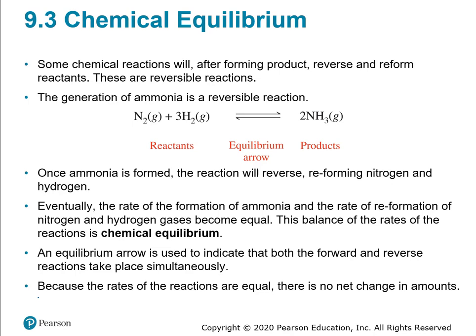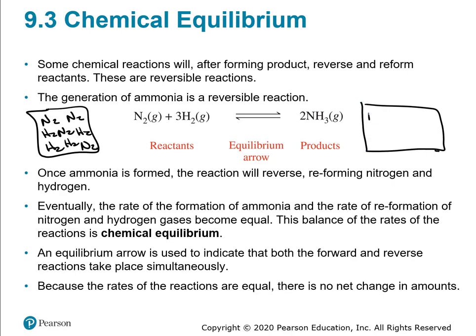It doesn't react 100%, so if I start off in my container here, and I have N2, N2, N2, N2, and then H2, H2, H2, say I have 4 of each, in this reaction, eventually I will end up with some NH3, but I still have a lot of N2. I still have a lot of H2 that'll be present and not reacted.